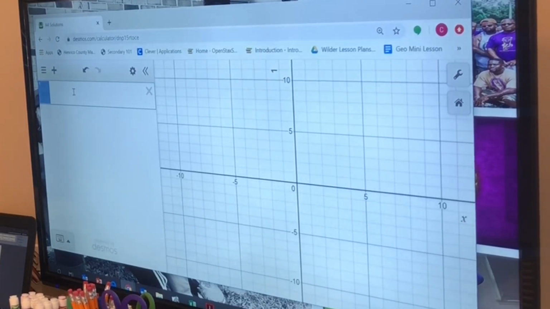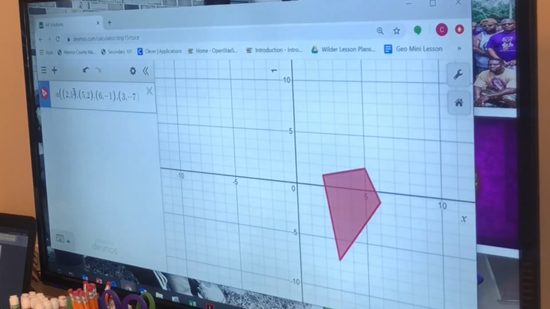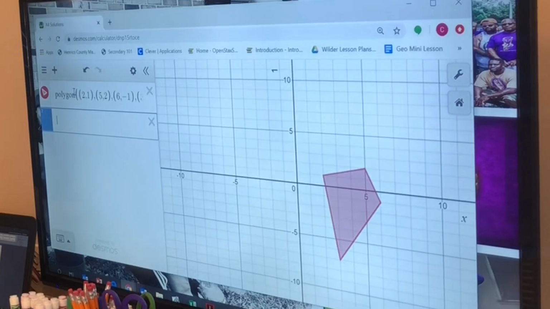So I type in the word polygon, and then I type in the coordinates. The coordinates are (2, 1), (5, -2), (5, 2), (6, -1), and (3, -7). So I type that in, and as we see here, it drew me a polygon.